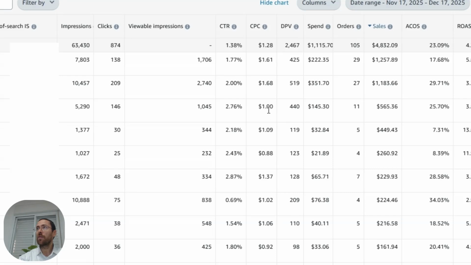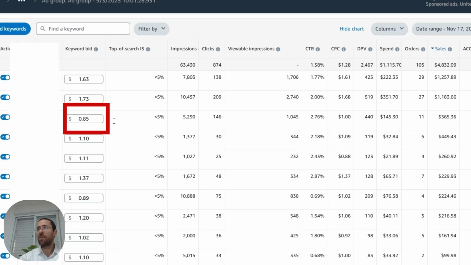You can see that the CPC was $1, now we're bidding 85 cents. So yes, in theory, sponsored brands can raise your bid, but the chances are this is just because we lowered our bid since this ACOS was high. It's possible also this bid was higher, I should check that.